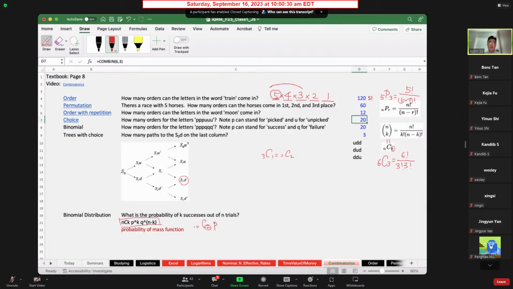And then this 2 should go to here. Oh, sorry, erase. Here, 2. Why is that? Because with probability p, this event happens twice. So that's why you have to have a product here.